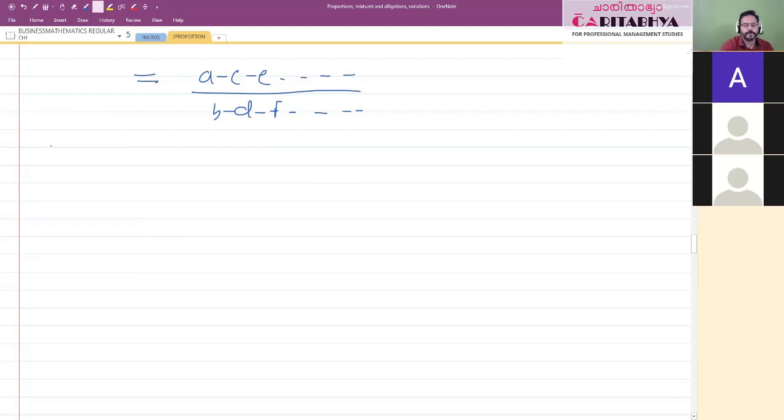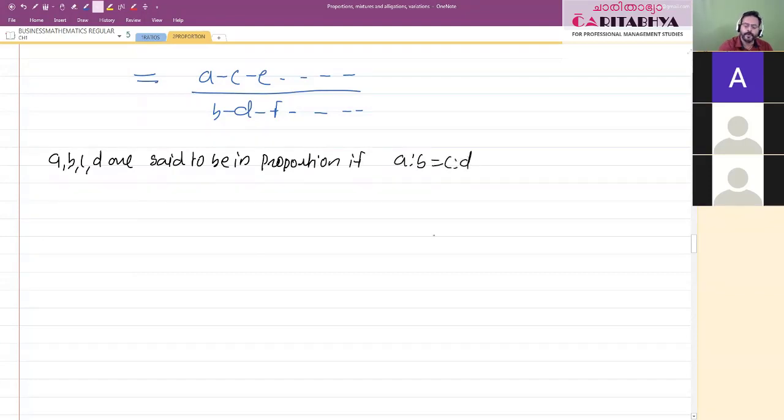സോ പ്രൊപ്പോർഷൻ എന്താണ് ഡിഫൈൻ ചെയ്യുന്നത്? A, B, C, D are said to be in proportion if A is to B is equal to C is to D. An equality of two ratios is called a proportion.